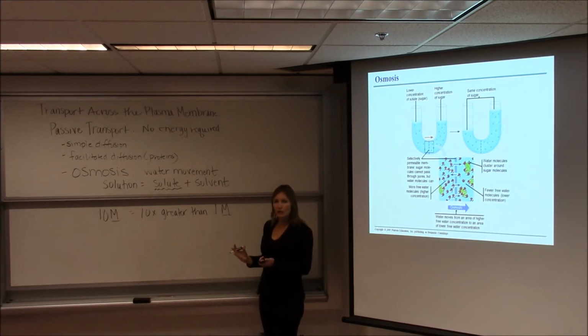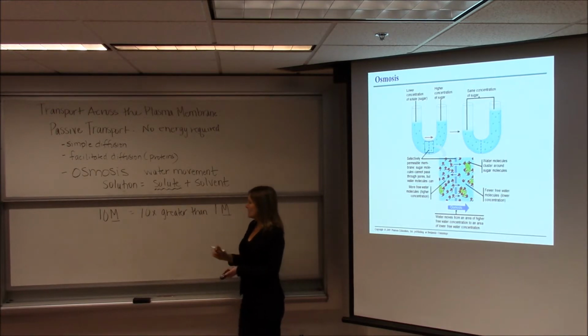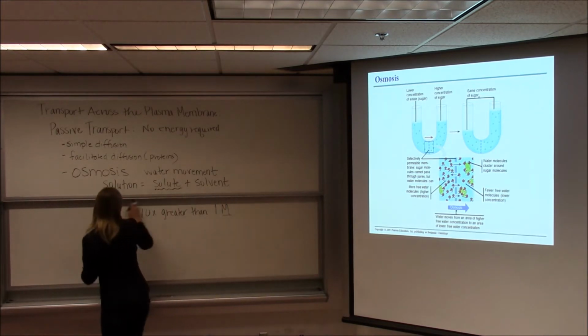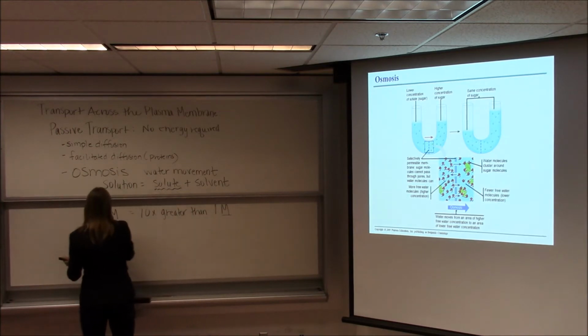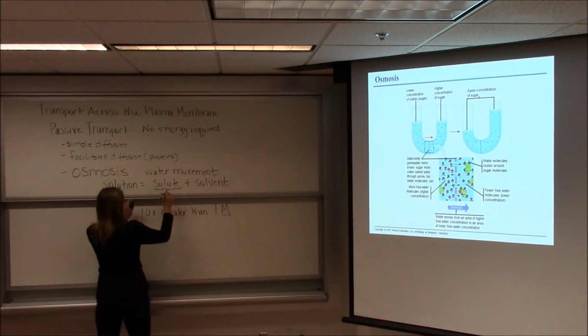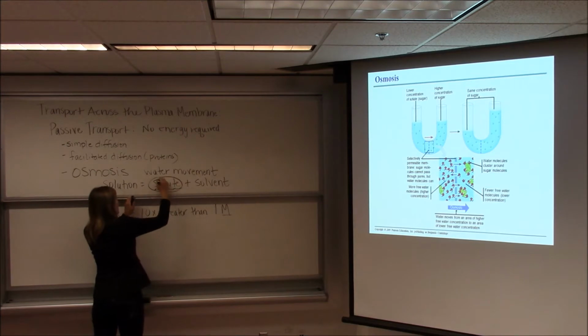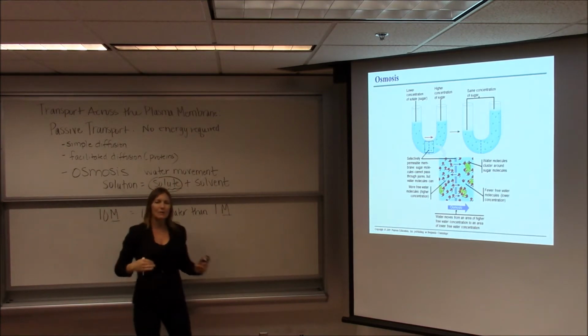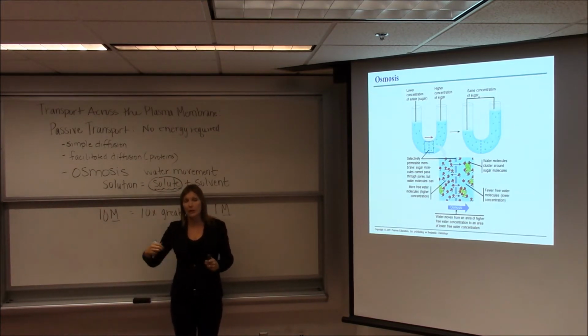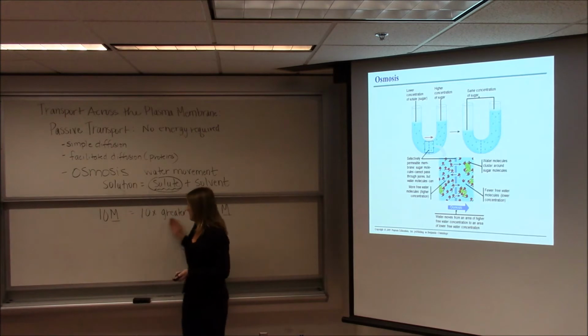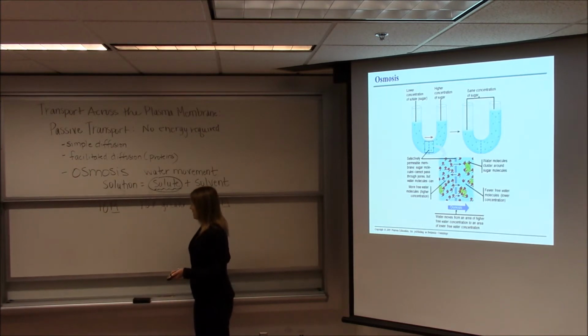It's stronger, it's saltier, it's more sugary. So this is how we're going to express how water moves, because we're looking at solute concentration. Sometimes that solute can't readily move, but if we can move water, we can balance that solute concentration. So let's look at a couple of examples of that.